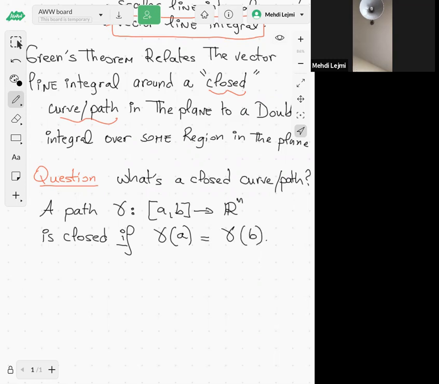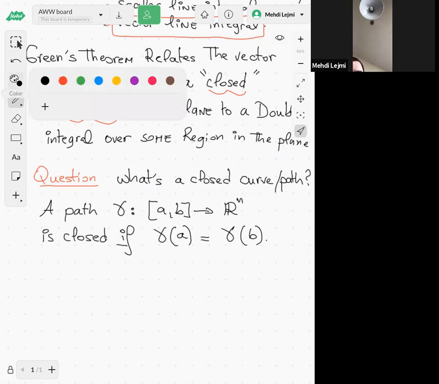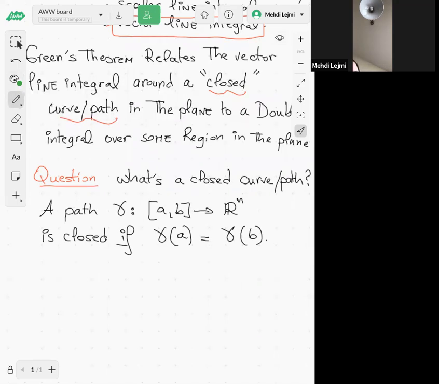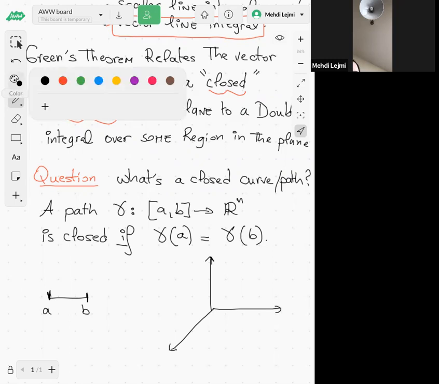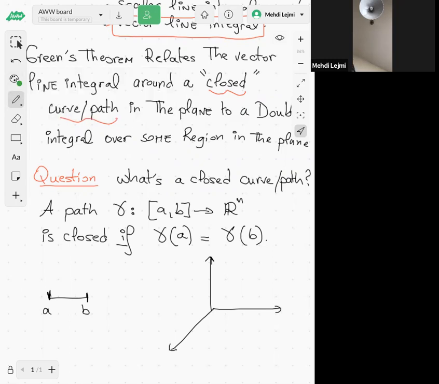In other words, you have your interval [a, b]. Let's say I have this curve in space, in R3. My curve is this function gamma from the interval [a, b] into space.